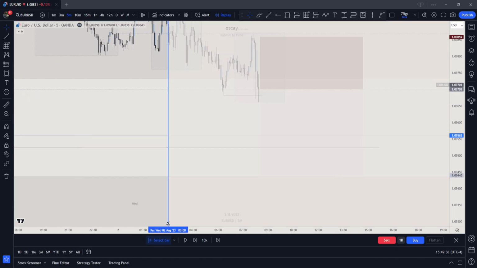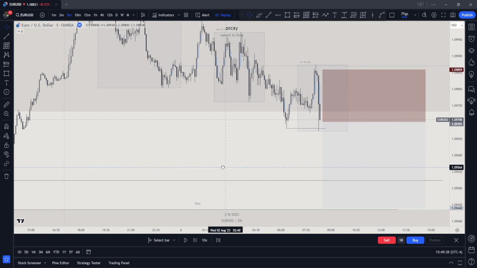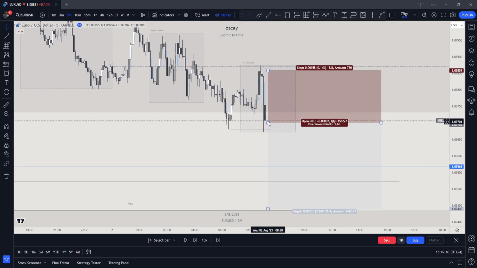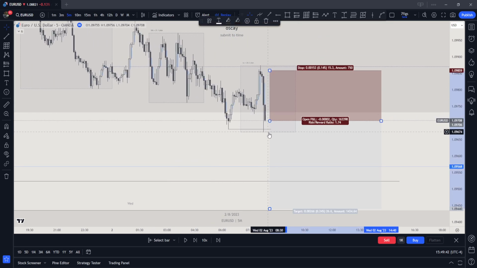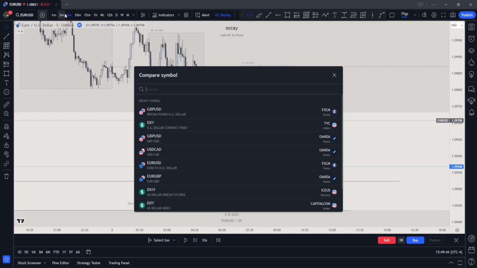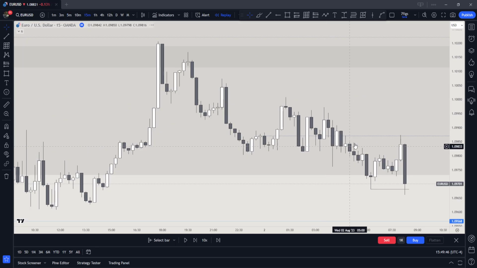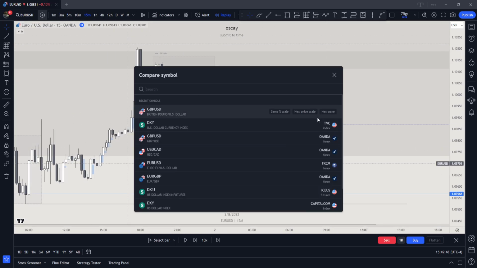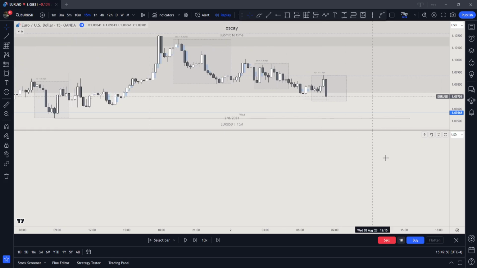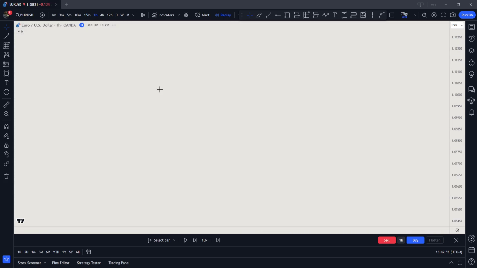8:50, and then we have this candle. Let's see if there's SMT with a correlating pair. Well, we can't.